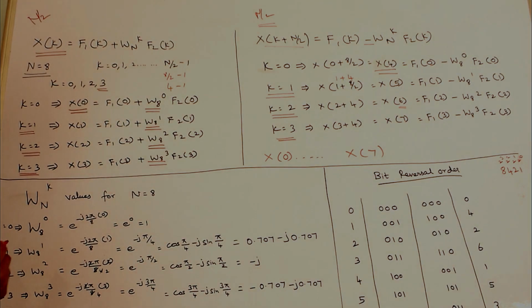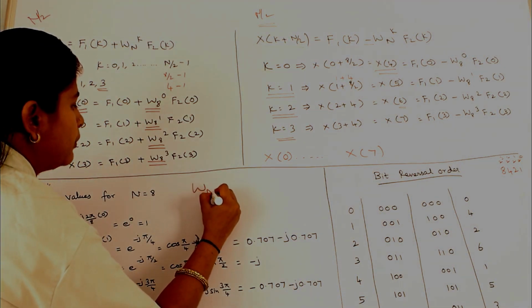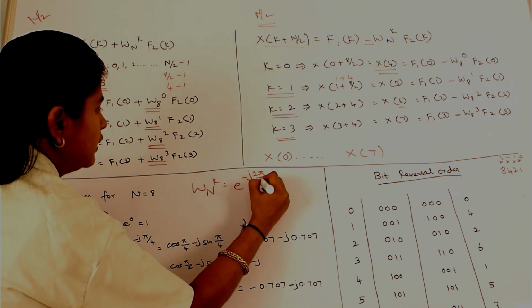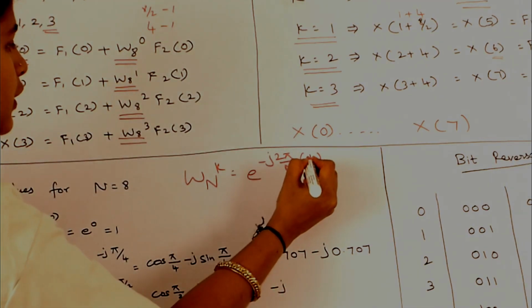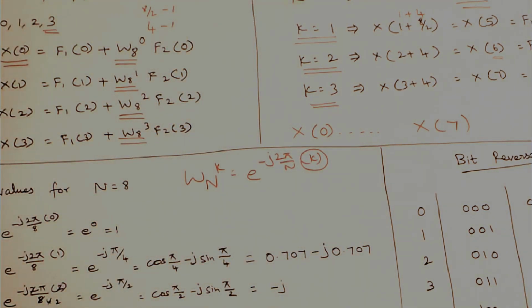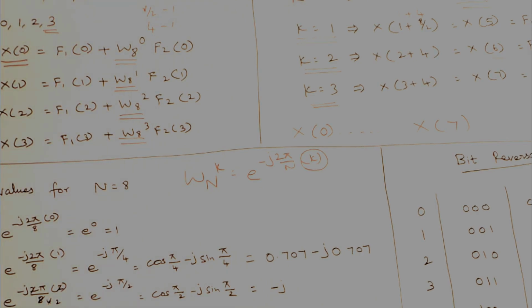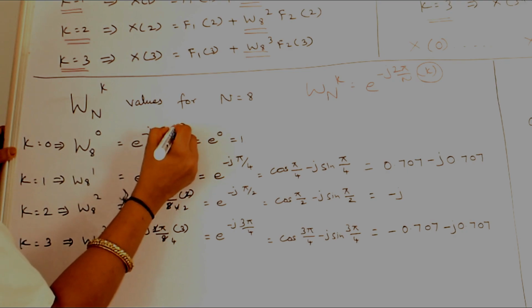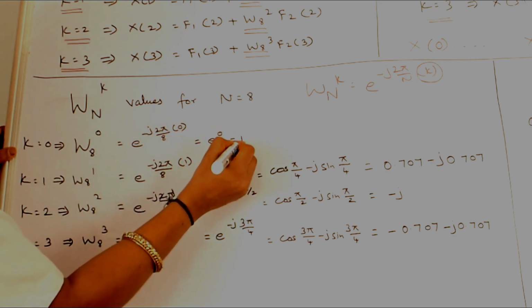So now you know Wnk is equal to e power minus j 2 pi by n into k. So here you are going to substitute the k values and see what is your exact value for the twiddle factor. When you substitute k equal to 0, you will get w8 power 0, which is e power 0, which is 1.